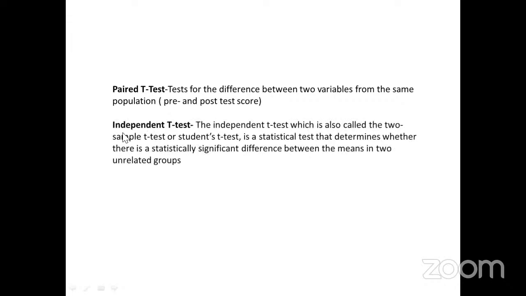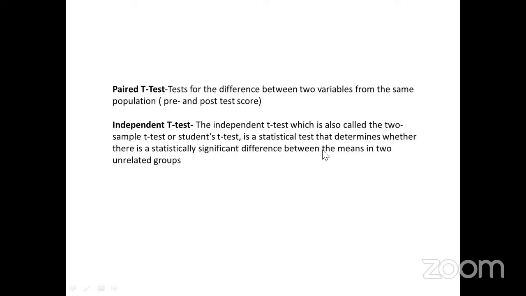Next is paired t-test. It tests for the difference between two variables from the same population, such as pre and post test scores. And this is independent t-test, which is also called the two sample t-test or student t-test.